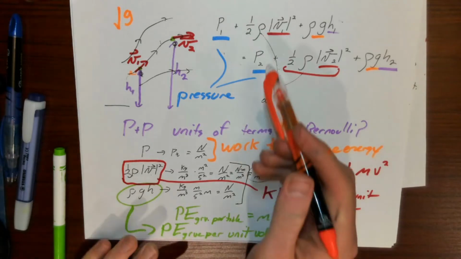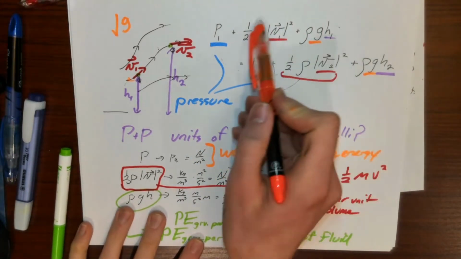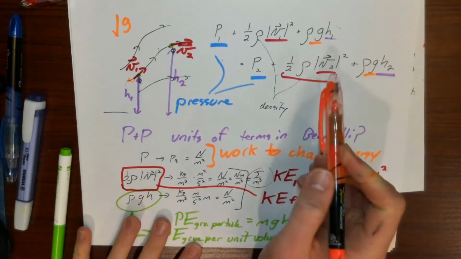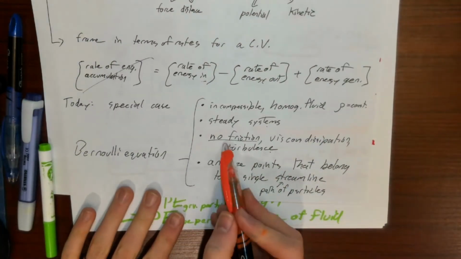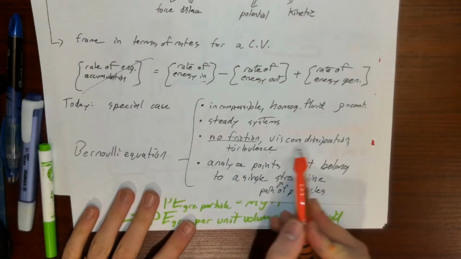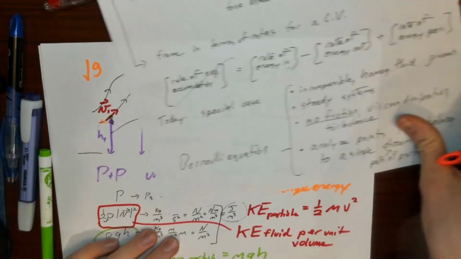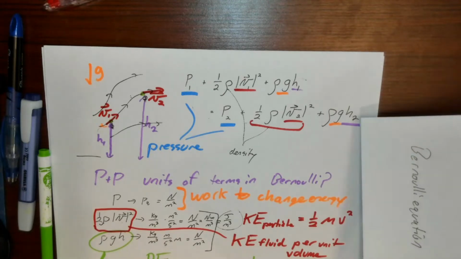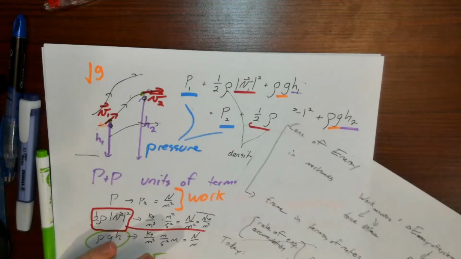And of course, this is an energy conservation equation because it's basically saying all the energy and the work done is conserved. If we had any friction effects or viscous dissipation or turbulence that was dissipating that energy, then we would need to include some kind of correction term in this equation to account for fluid friction losses. And for now, we're not going to include those.